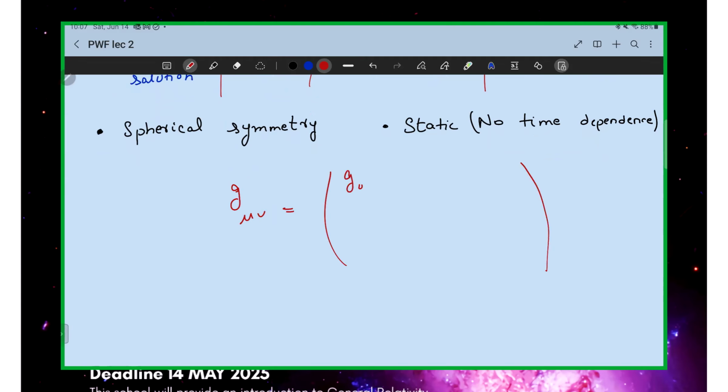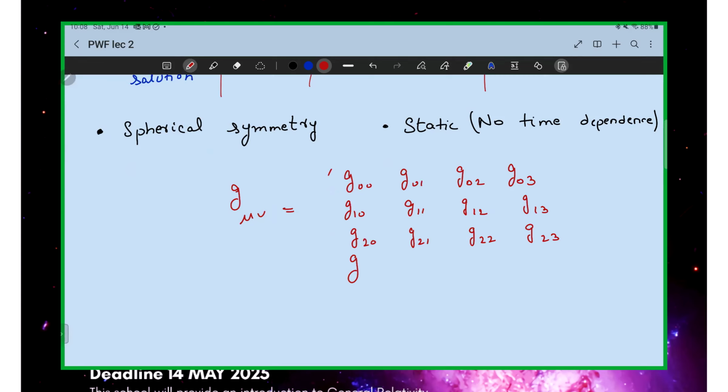You have G00, G01, G02, G03, and G10, G11, G12, G13, 20, 21, 22, and then you have 30, 31, 32, and 33.